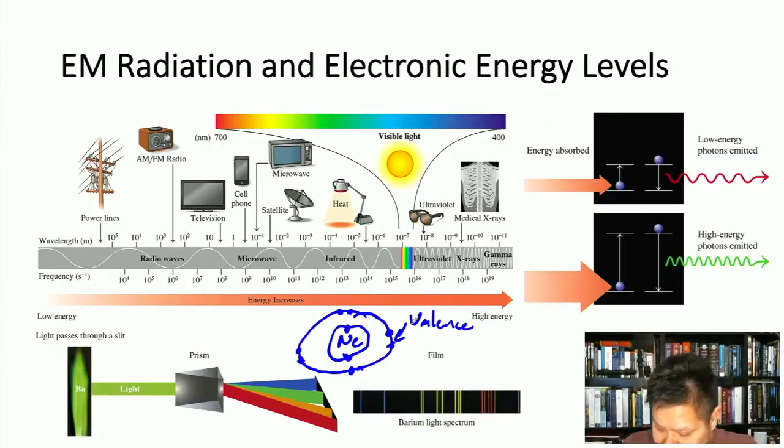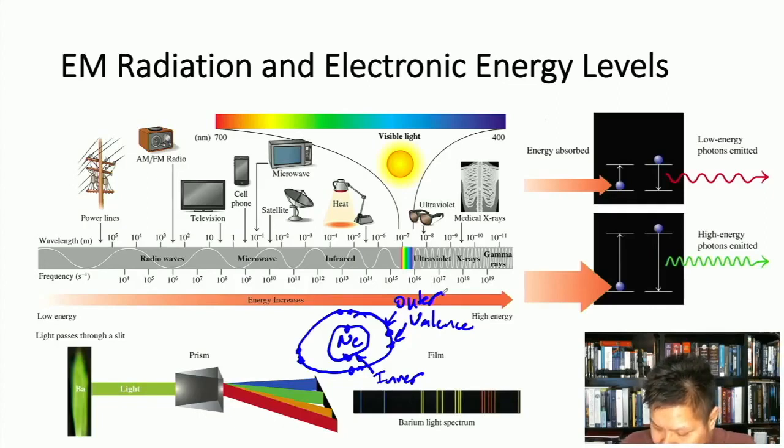So just remember, this is the inner shell, has 2 electrons, and this is the outer shell. It has 8 electrons for neon, less or more depending on the element you're using, right? As an example here, those electrons in the outer shell are called valence, right? So let's then put them into their energy levels.